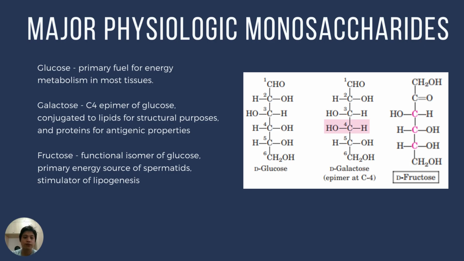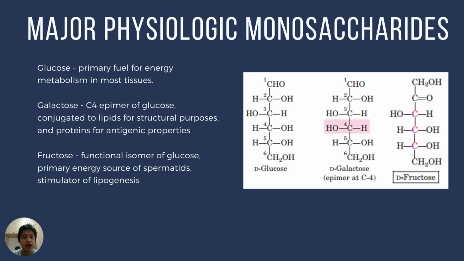Galactose, however, is similar to glucose, but it differs only in carbon number 4. That's why galactose is a C4 epimer of glucose. In the body, galactose is conjugated or attached to lipids to form the different lipid-based structures in the body.